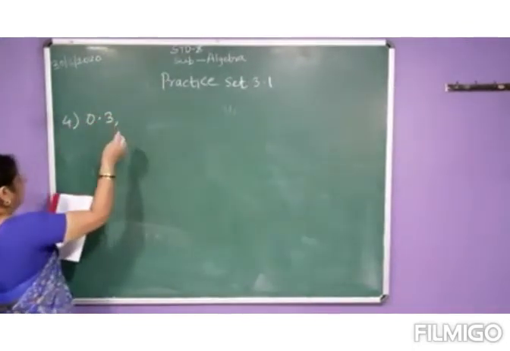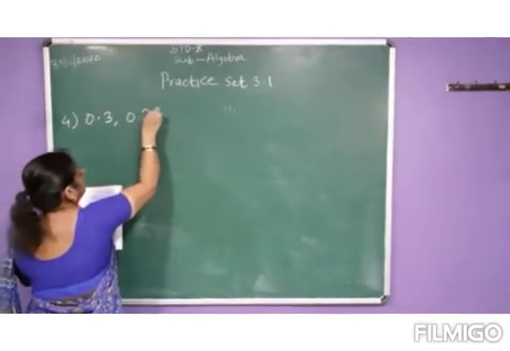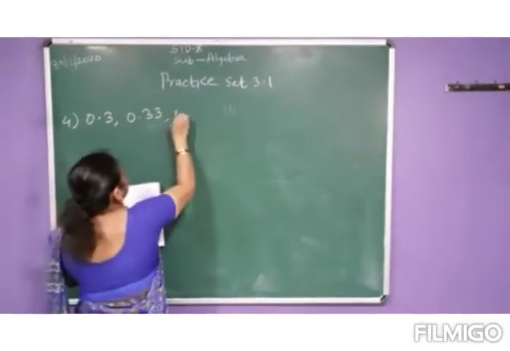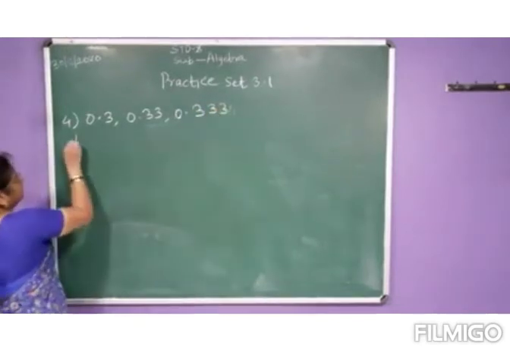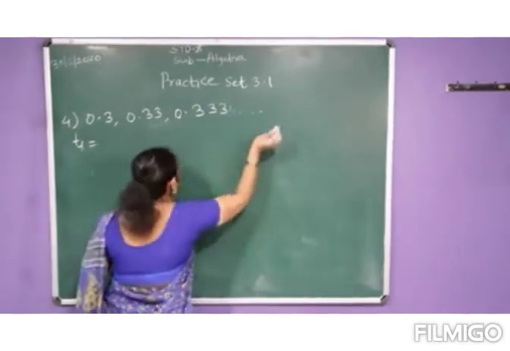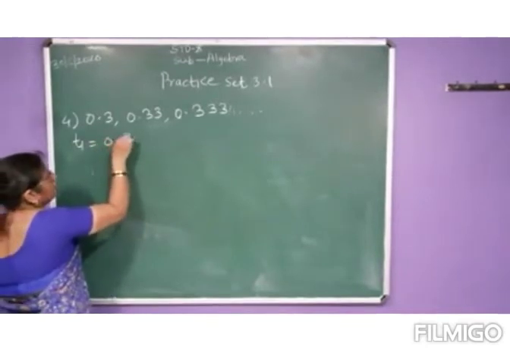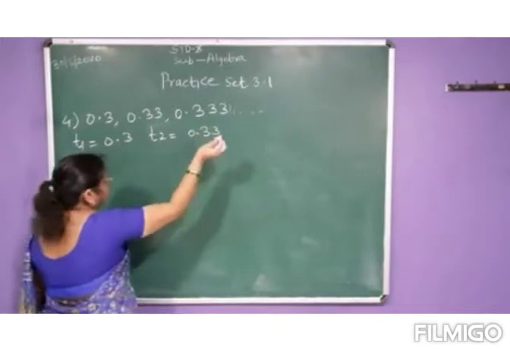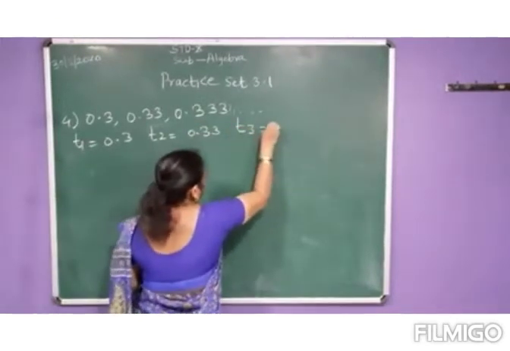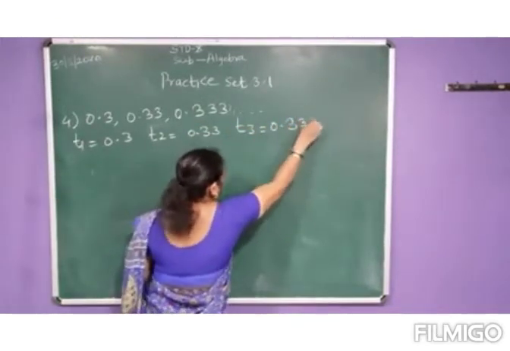0.3, then 0.33, then 0.333. Okay. Now T1 and then the terms are there. T1 is your 0.3. T2 is your 0.33. T3 is your 0.333.